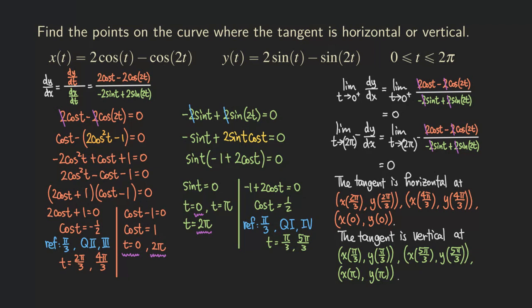And this is a cardioid. If we graph out the cardioid, you can see that there are 3 points where the tangent is horizontal, and also 3 points where the tangent is vertical.